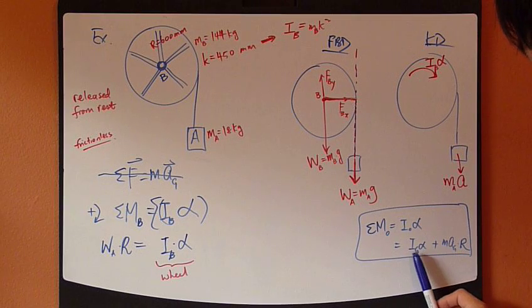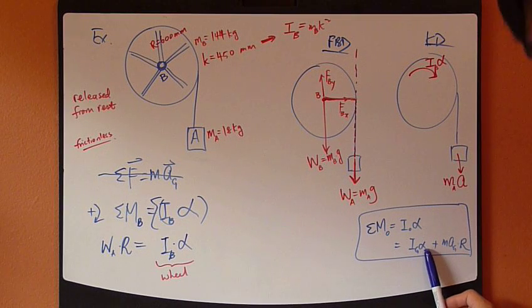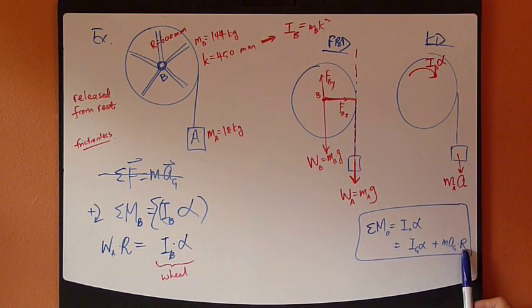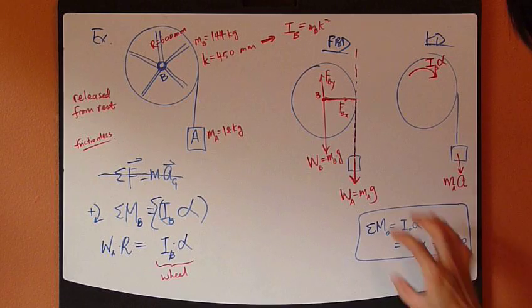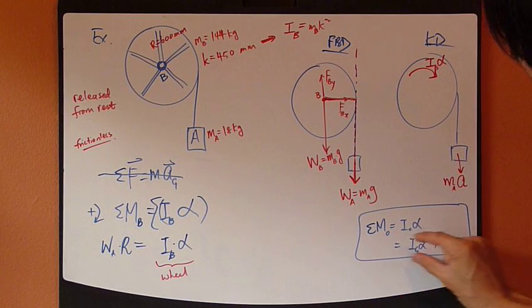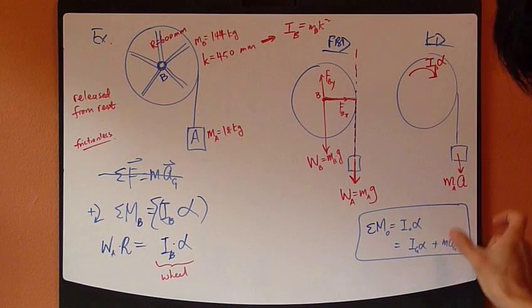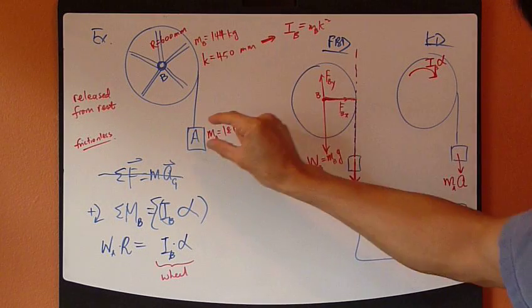First term is the I about center of gravity times alpha, plus m a through center of gravity, times R. And R is the distance between center of gravity and point O. To be more precise, you should apply these two terms twice, once for each object.